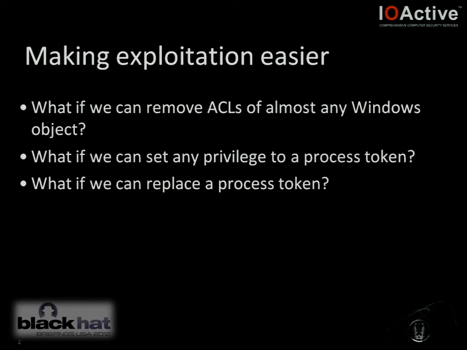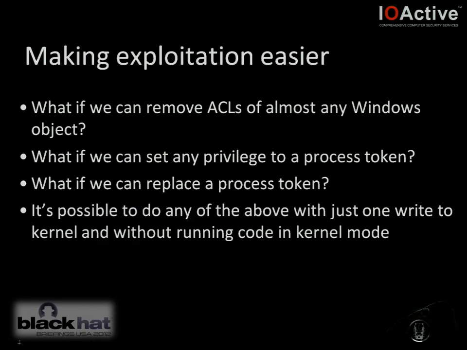So if I can find a really privileged token and then put it in my exploit, I will be able to just do one write to elevate privileges. Doing this research, I found out that it's possible to do all of this just doing one write to the kernel and without having to run code in the kernel, which I think is nice.